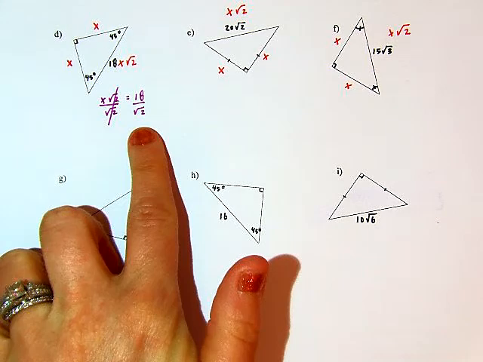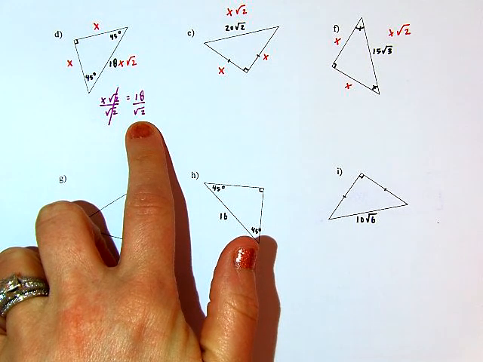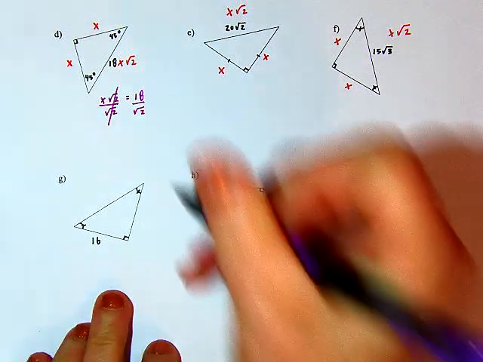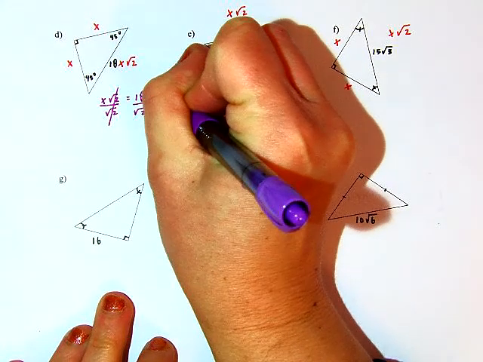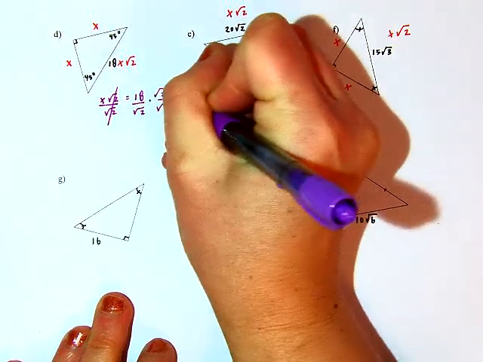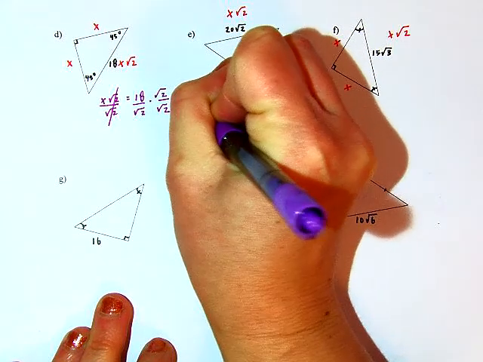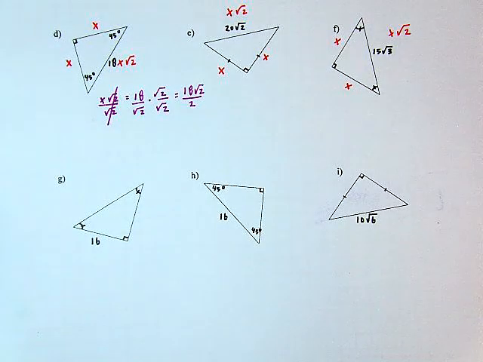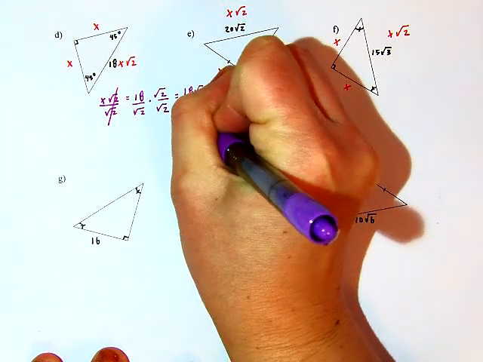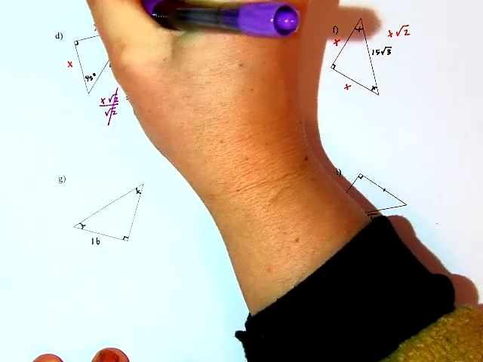But we don't allow a radical in the denominator as our final answer, so we need to rationalize. I multiply by the square root of 2 over itself, and that gets me 18 root 2 divided by 2, which simplifies to 9 root 2. So my two legs are both 9 root 2.